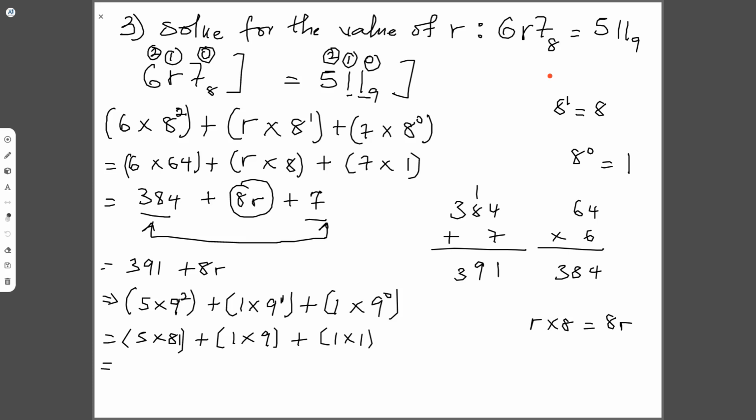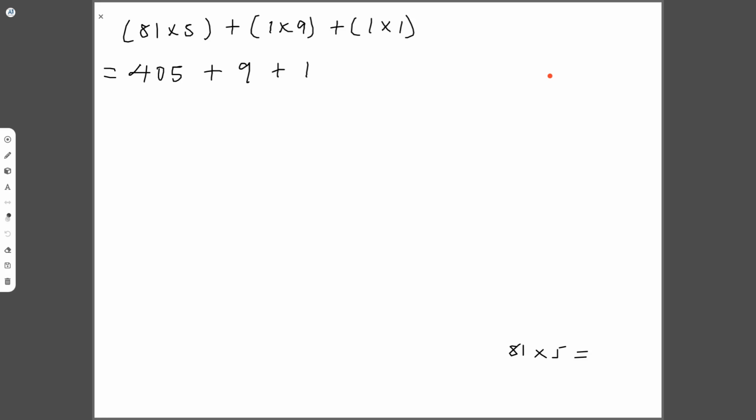So we have 5 multiplied by 81, that's 405, plus 1 multiplied by 9 plus 1 multiplied by 1, which gives us 9 plus 1.